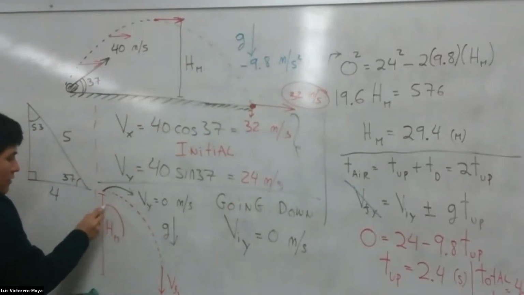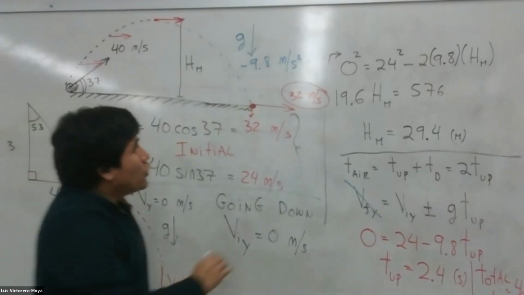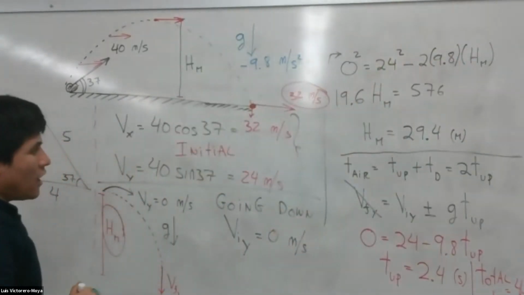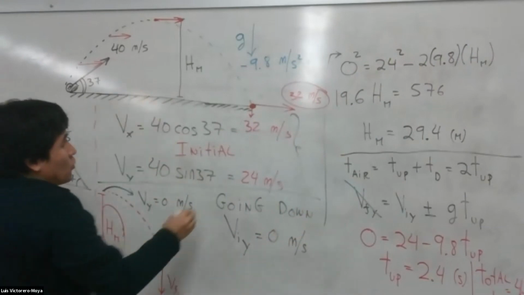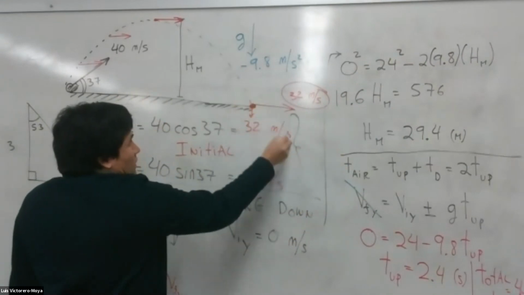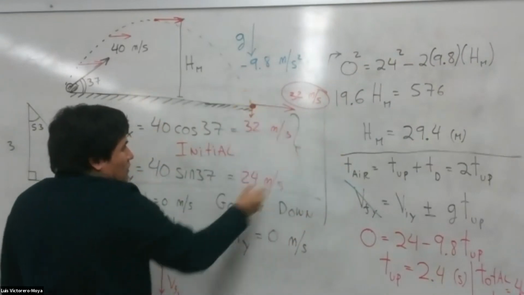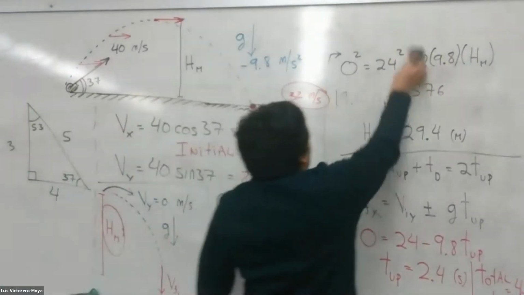We have the maximum height, 29.4. I can use this equation to find the velocity on Y. And then, as you expect, the velocity on Y will have some magnitude. The total velocity will be a vector like this. So let's actually use that. So 29.4 is the maximum height, right?